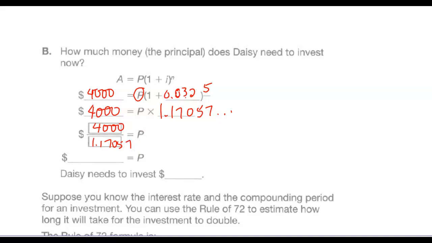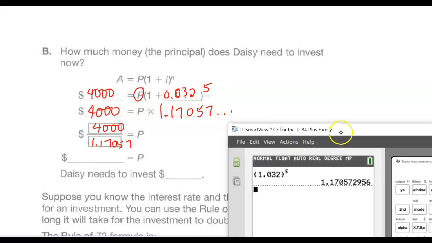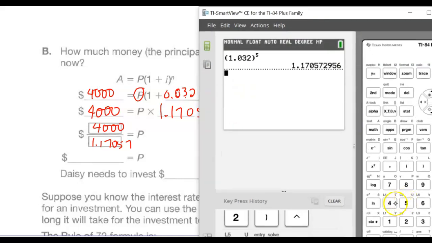In my calculator, I'm going to go 4,000 divide, copying that out, or if you have the capability, you can go up and select it.